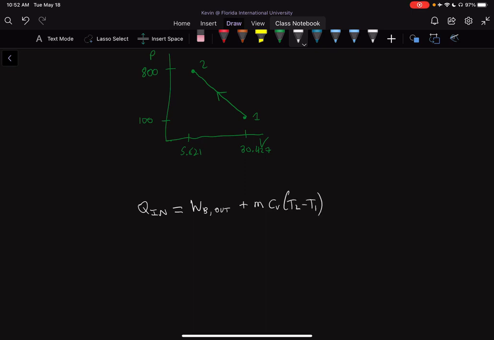We're substituting for delta U the same thing, M CV T2 minus T1. And we have M, the only thing we're left to find is CV.